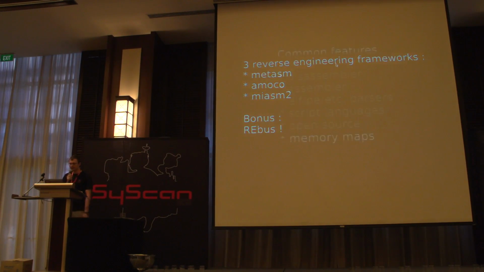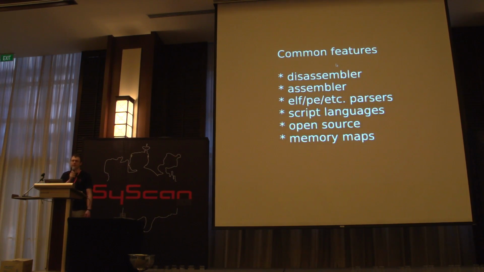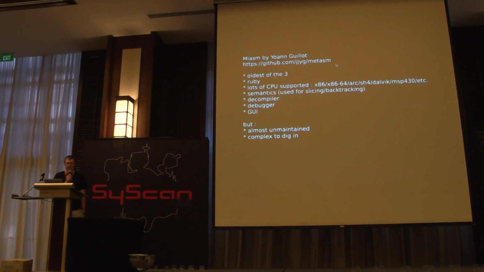They all have some cool features like basic disassembler, assembler, ELF parsers. They're all written in scripting languages, they're all open source, and they all handle memory mapping and virtual addresses and all the stuff you can expect in an RE framework. So first, you have, oh sorry, there's a typo, it's Metasm. Metasm by Yoann Guillot, also known as JJ.